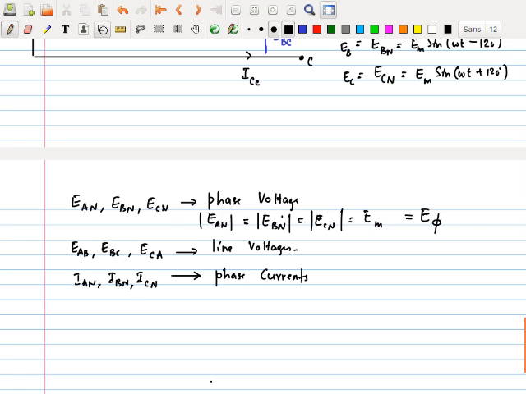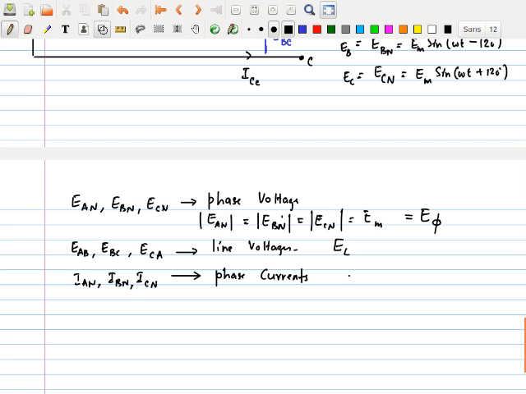So if you want an expression which is relevant to all of them, we need one variable. So we call it E of L, simply indicating any line voltage. Because we can't be writing a separate equation for ECA, for EBC. So we write it as EL, which means it works for every single line voltage.